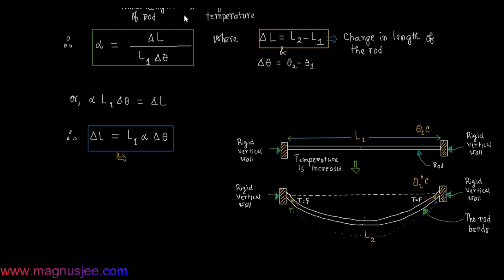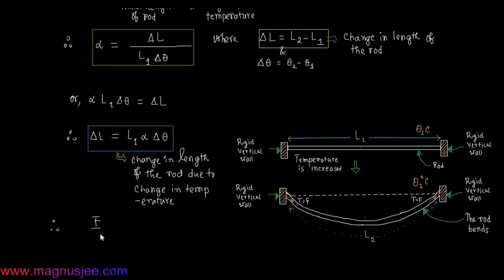Delta L is equal to L1 alpha delta theta, which is the change in length of the rod due to change in temperature.